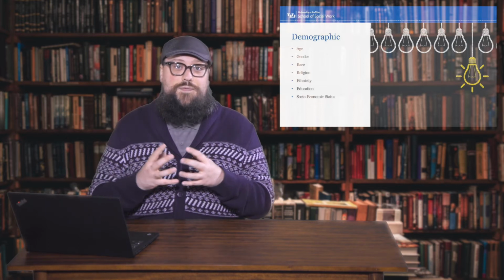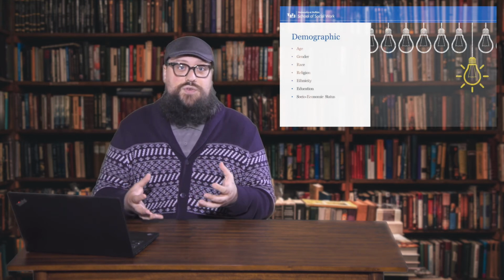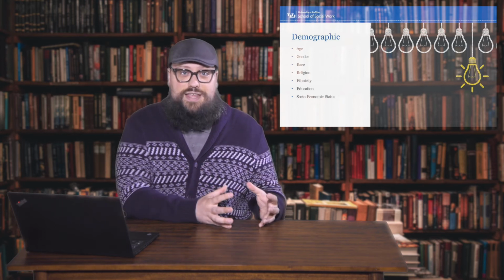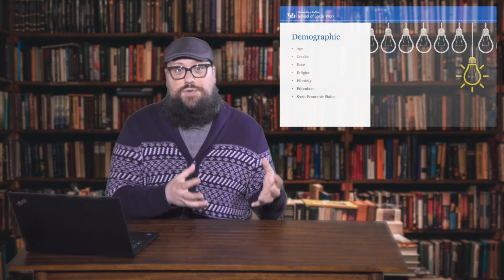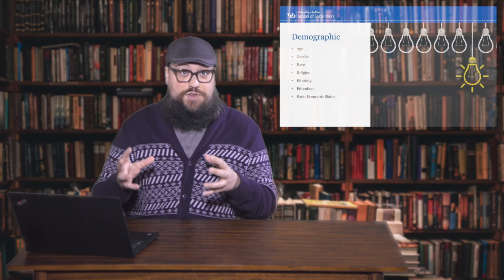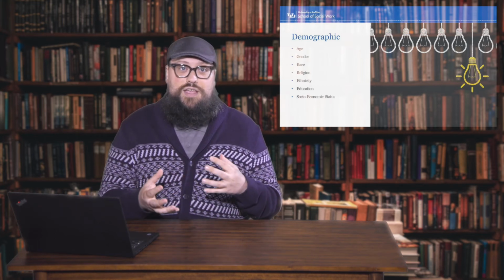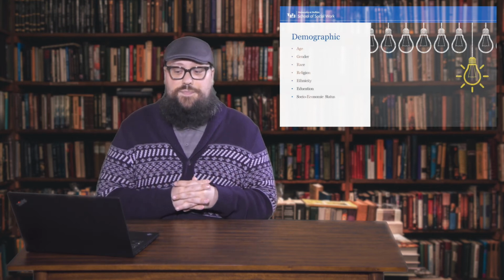So if you have a very diverse organization, if you look at age, you can use the experience and knowledge of older workers who have been working for several decades and have witnessed the different changes in an environment over the years and have seen successful and unsuccessful adaptations to that.